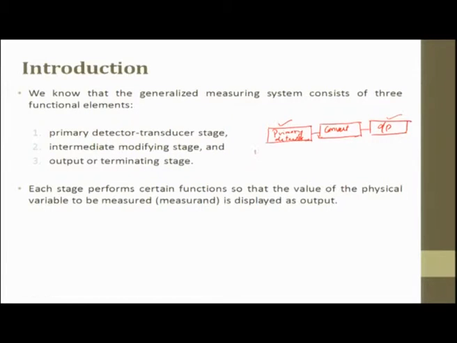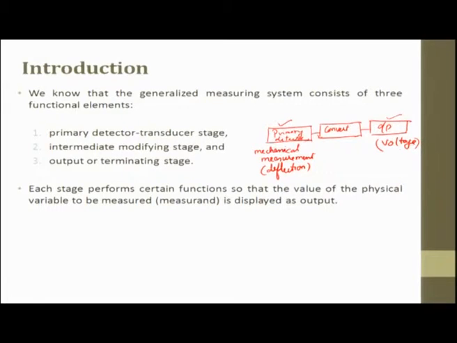For example, here you can have a mechanical measurement, which can be in terms of deflection. This can be a mechanical deflection dial gauge which measures, and the output you want is in terms of voltage. So, now you have to convert the mechanical measurement into a readable output.